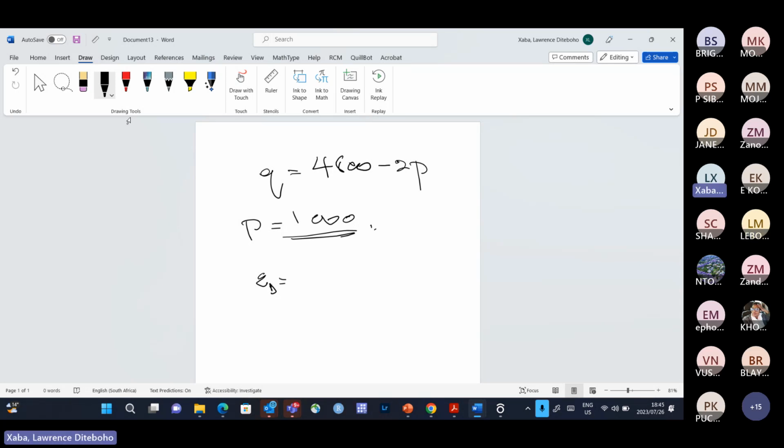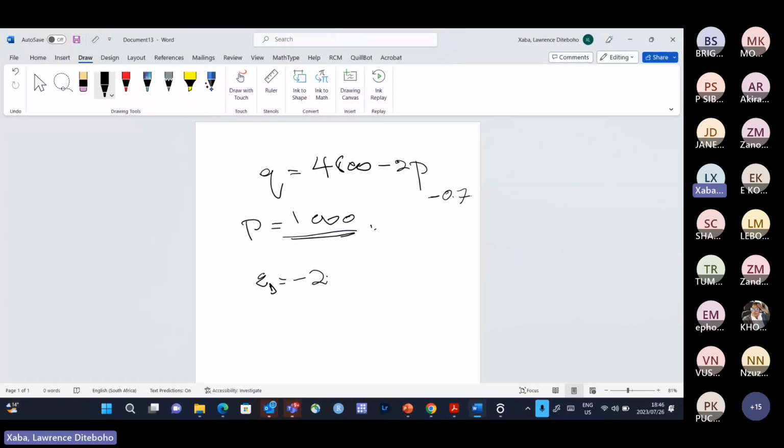So you said, this is our P, right? This is our B, right? You said if P is equal to 1,000, then our elasticity becomes -0.7. So you had -2, and now your price here.